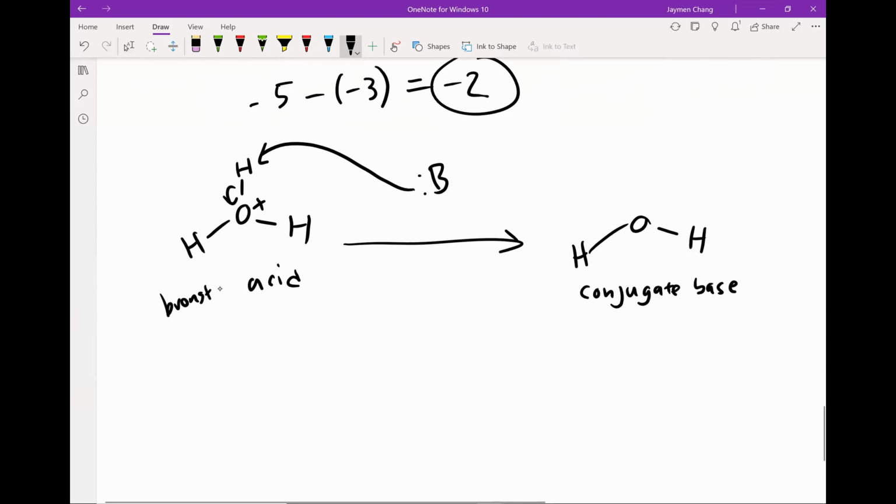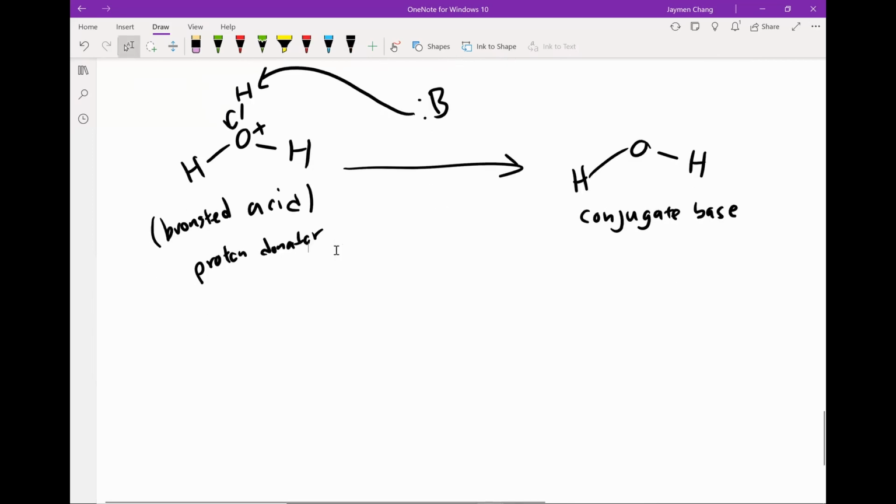So Bronsted, is it EAD? Oh no, it's just ED. Okay. A Bronsted acid is going to be a proton donator. And the base, if we think about a base, for example, maybe we'll do HCl. And again, we're going to use water.